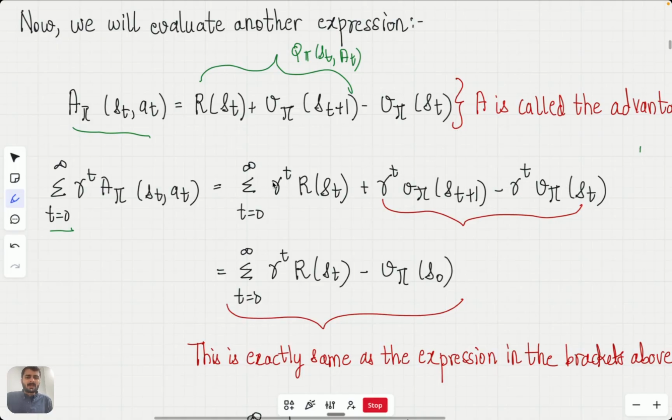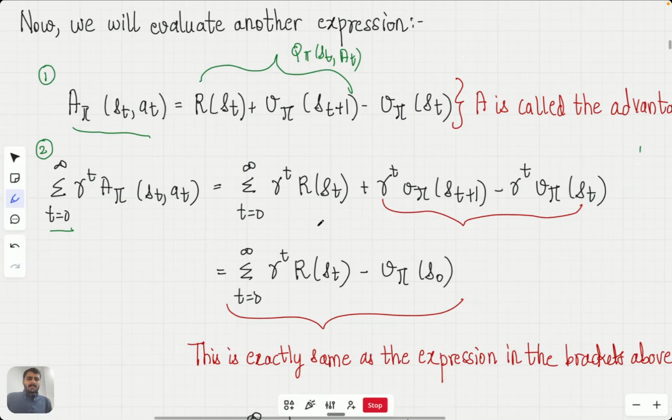So here we have multiplied the first term by gamma raised to t, second term by gamma raised to t, and third term by gamma raised to t. So here we are doing nothing but we have first written down an expression for the advantage estimate, and second we are doing a summation from time t equal to 0 to t equal to infinity.